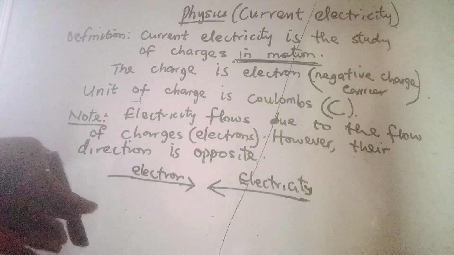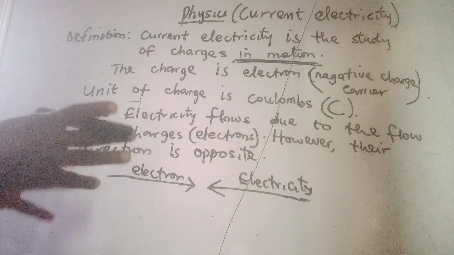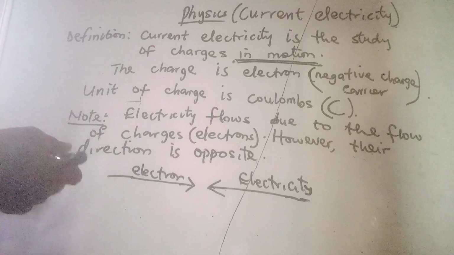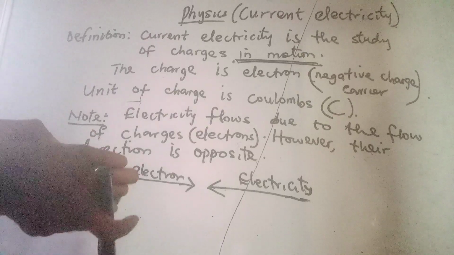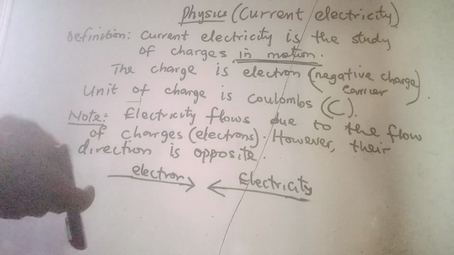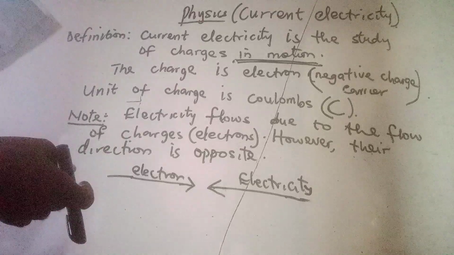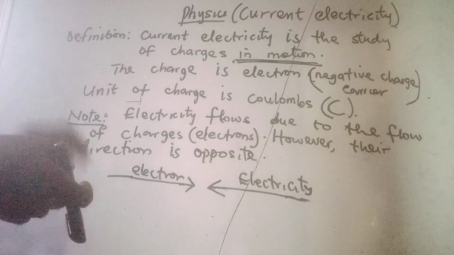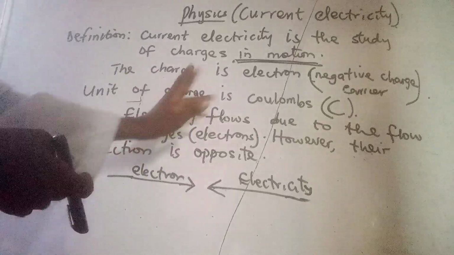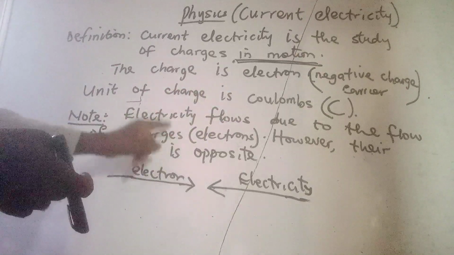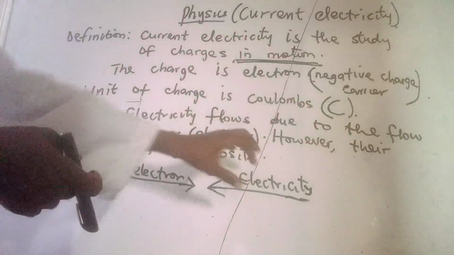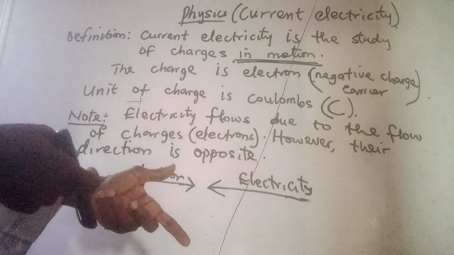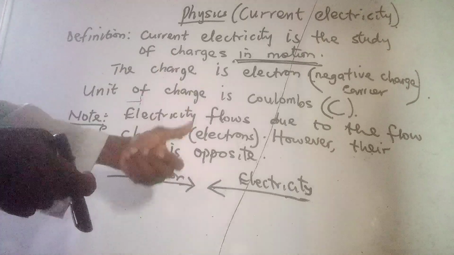Under static electricity, that is, charges at rest, we deal with both of them, that is, positive charges and negative charges. But under current electricity, it's simply based on electron. Why? Because it is the flow of electron that causes electricity flow. That means electricity cannot exist if the electrons are not in motion.